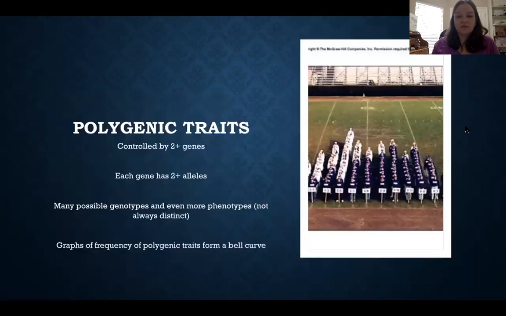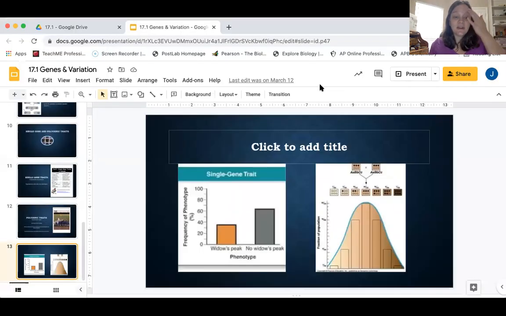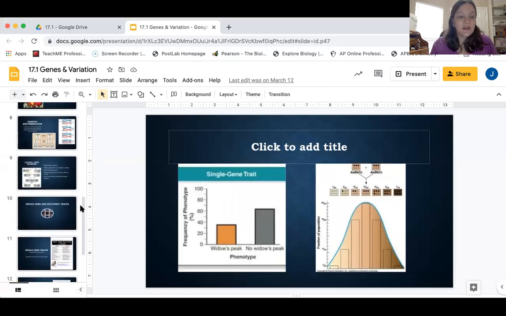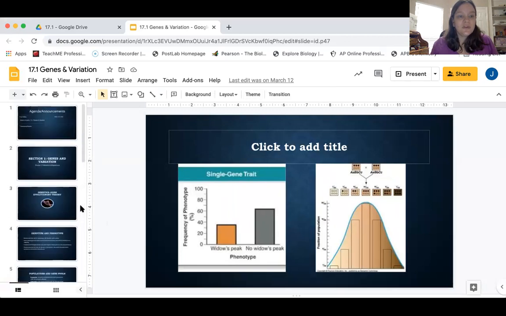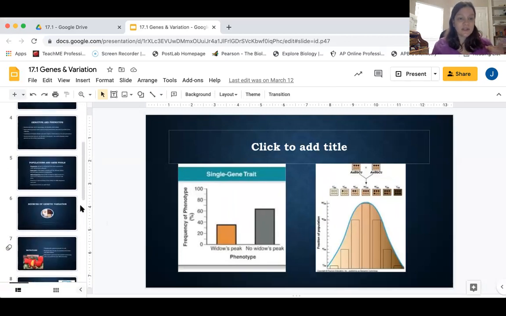Okay, I'm hoping that makes some sense. That, I believe, is the end of lesson 1 for chapter 17. You need to know that evolution is acting on the population, not on individuals.